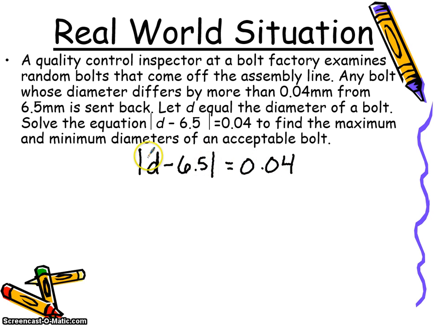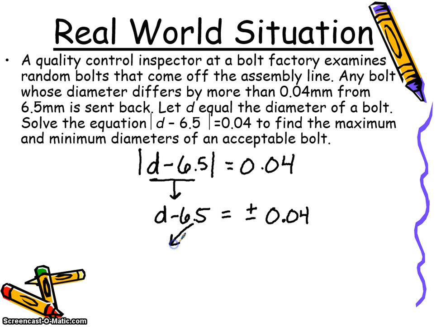We can see that the absolute symbols are isolated to equal a positive amount. That means that what's inside could be positive or negative 0.04. And all that means is that the bolt size can be either 4/100ths more than 6.5 or 4/100ths less than 6.5.